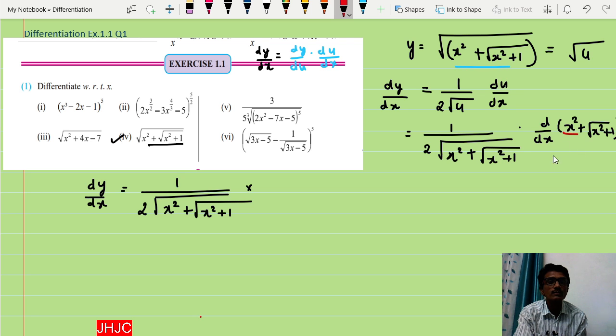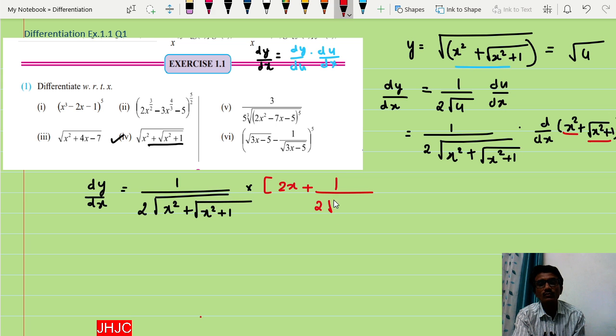The derivative of x square is 2x, and again the derivative of root of x square plus 1. So it will be 2x plus the derivative of this, again 1 upon 2 root of u, that is 1 upon 2 root of x square plus 1 into the derivative of x square plus 1, which is 2x. Then this 2 and this 2 get cancelled.